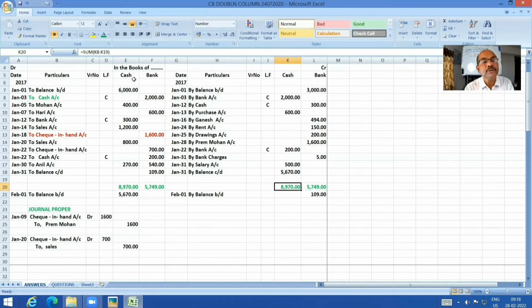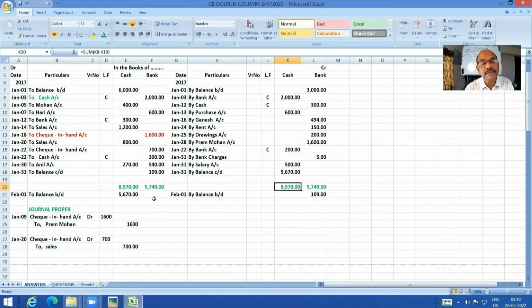So how do we balance? Balancing I need not teach you every now and then, but once again, because these are all day-to-day things we'll be doing, it's better to explain again and again. Total the heavier side. Cash column, you can close your eyes and total the debit side first, because minus cash is not possible. Put it across, find the difference, put against balance carried on. Bank column, carefully see. It can be an overdraft also.